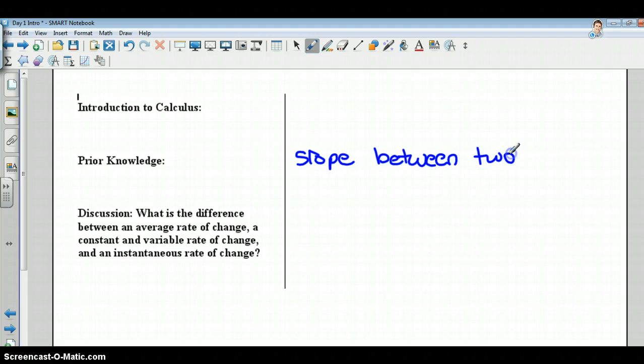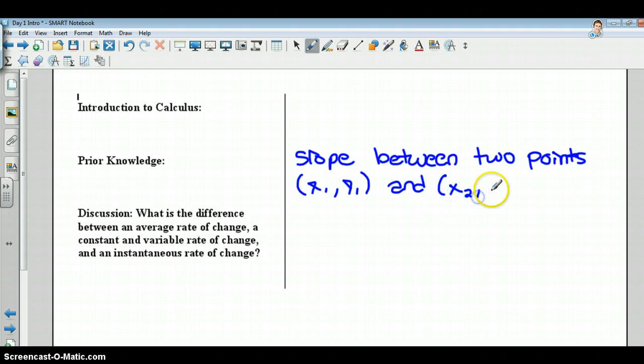So we are talking about the slope between 2 points, and you have to be given what those points actually are. So my 2 points, there we go: you have x1 and y1, and you're given x2 and y2. You guys have seen this about 1,000 times, so I'm going to do that pretty quickly.